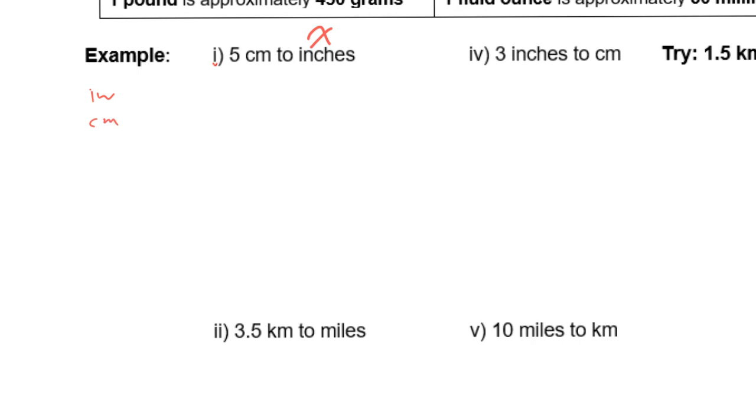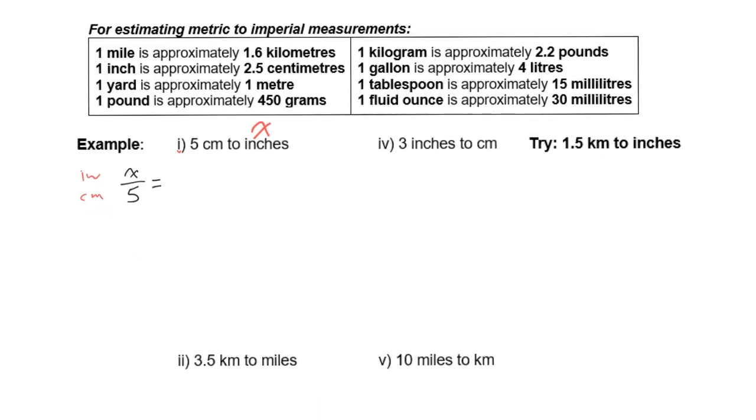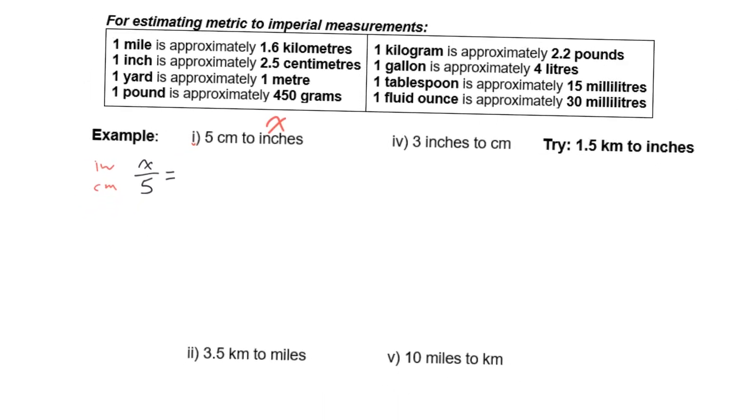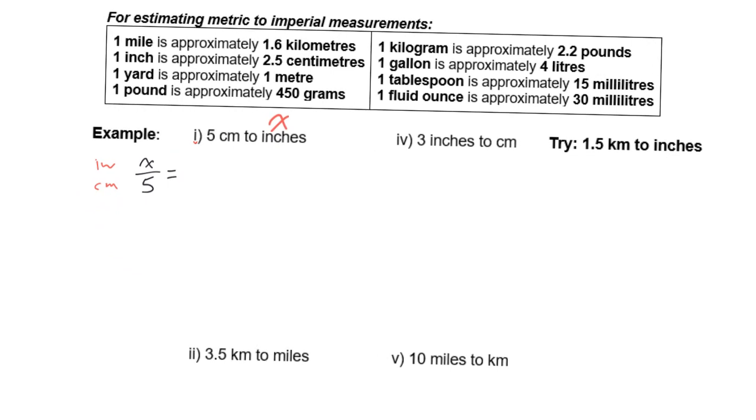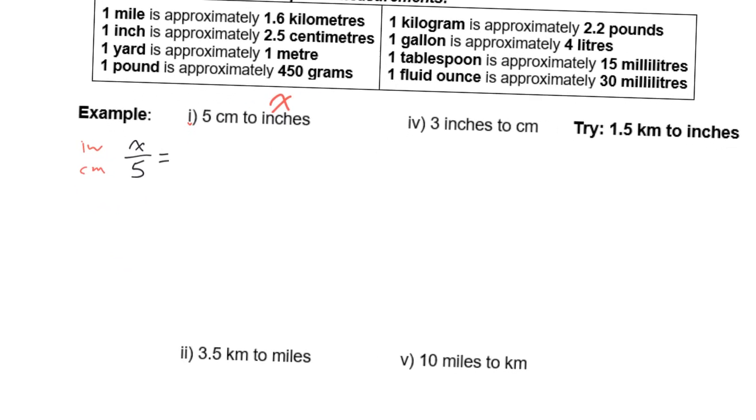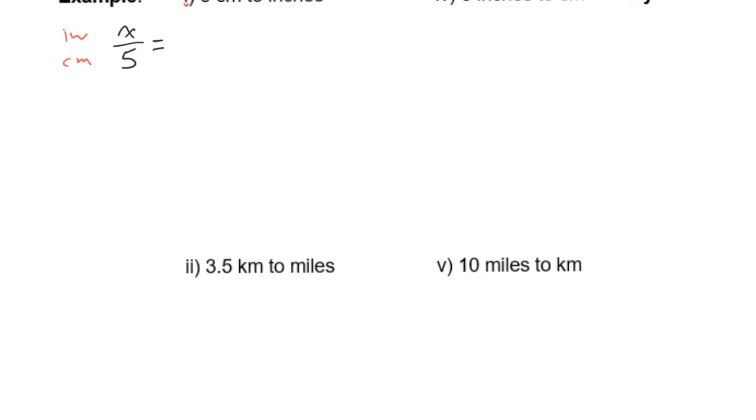So we're going to have the following: X over 5 is equal to, well, we know from our equations here that 1 inch is 2.5 centimeters. So we're going to use 1 divided by 2.5.